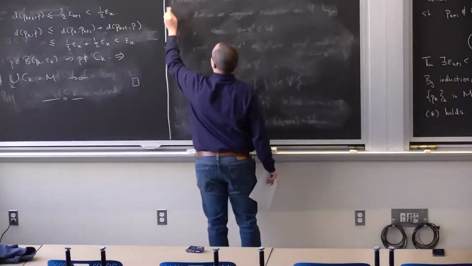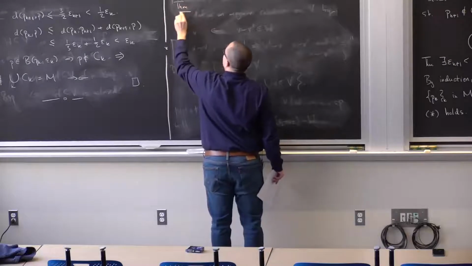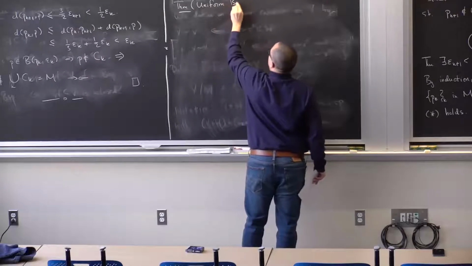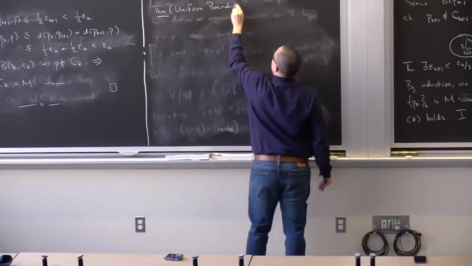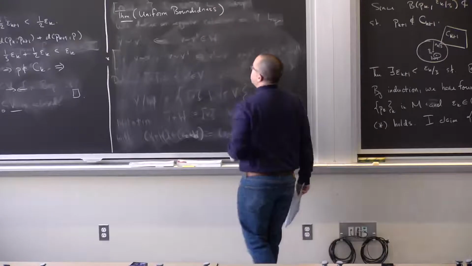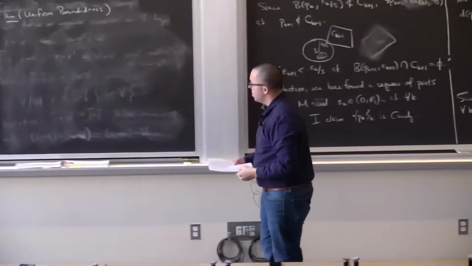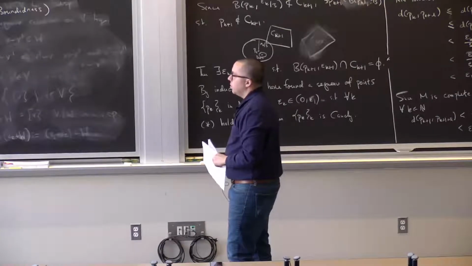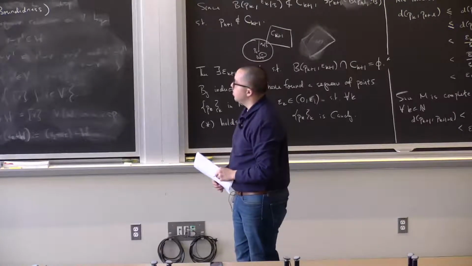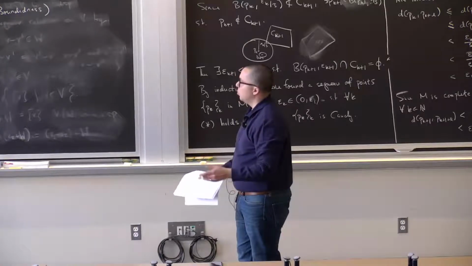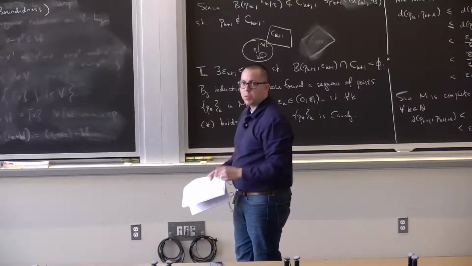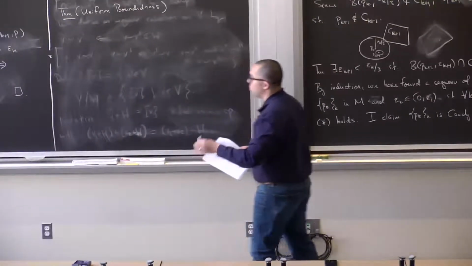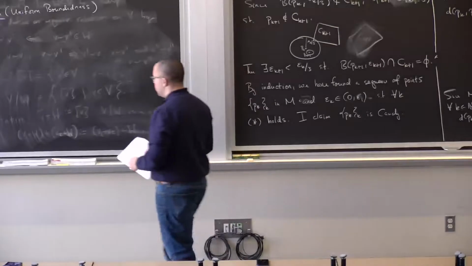So the first result we'll prove is what's called the Uniform Boundedness Theorem, which says that if you have a sequence of bounded linear operators on a Banach space, then pointwise boundedness implies uniform boundedness in the operator norm.